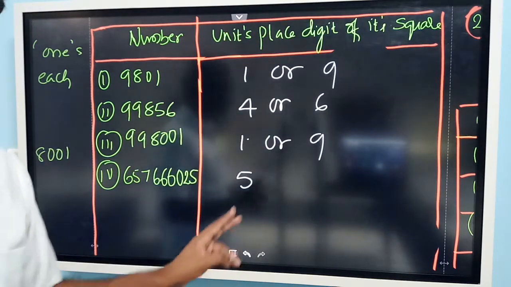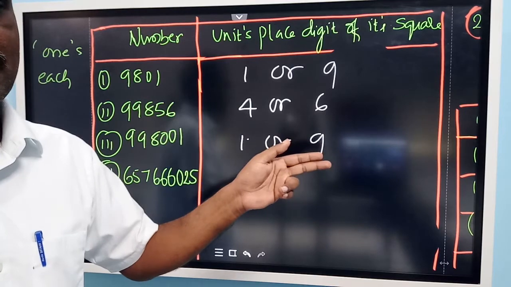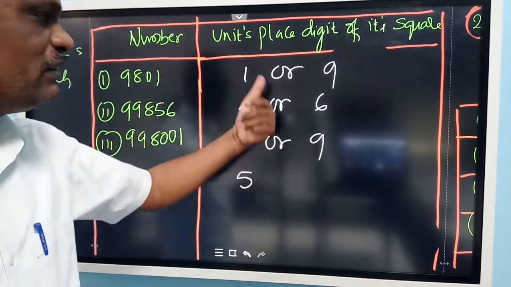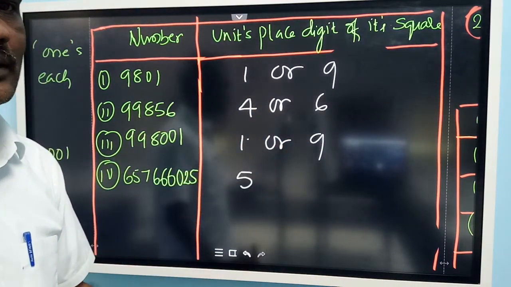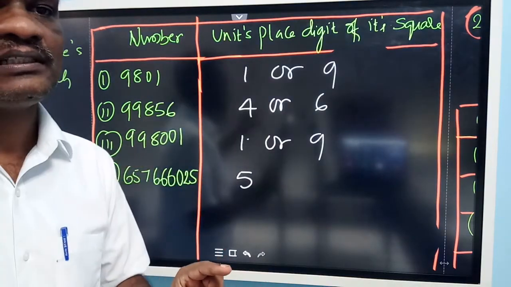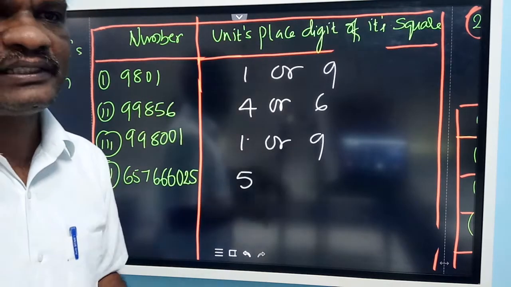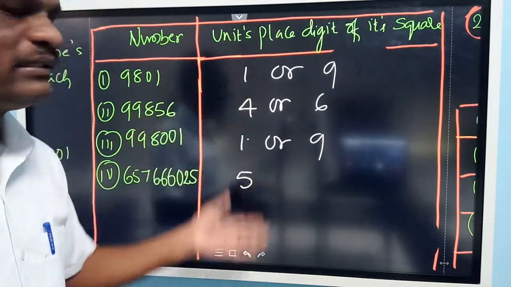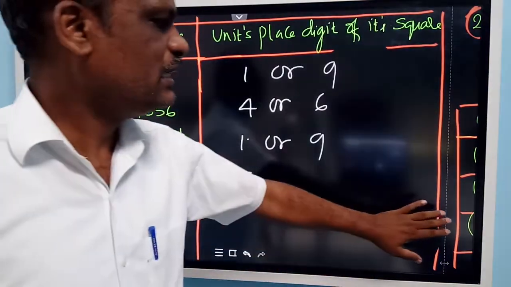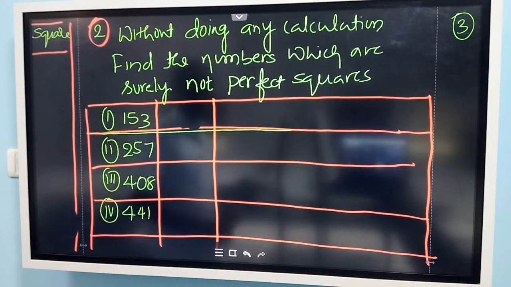If you know that squaring of a number ends with what digits, then reverse process you will get this. Very simple, only thing you should know the property. Squaring of certain number ends with what digits, you have to recall that one, then apply the reverse process, you will get this answer. So now let us go to the question number 2 of this exercise.